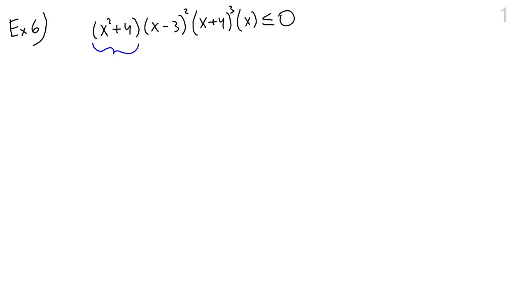So this piece is always positive because x squared is always positive. X squared plus a number is also always positive. This piece, because of this 2 here, is also always positive. That's why x equals 3 is not going to be one of the places where something can change sign.